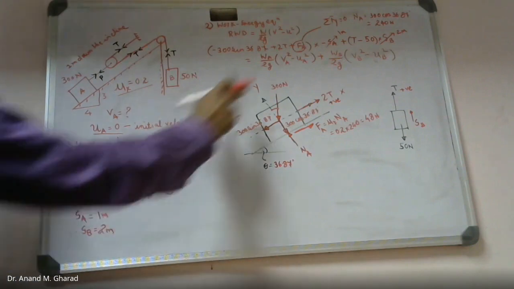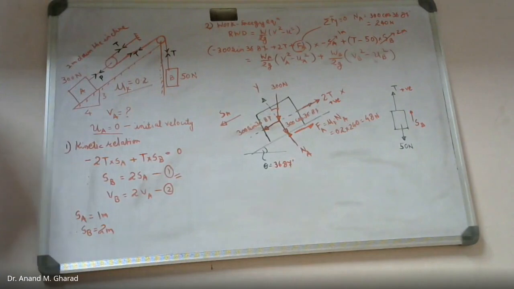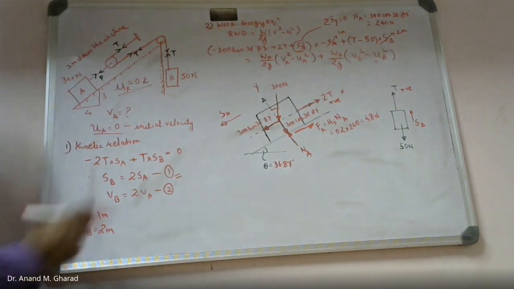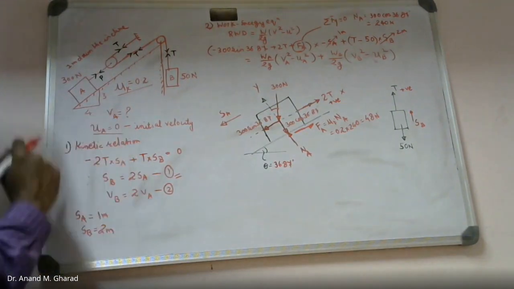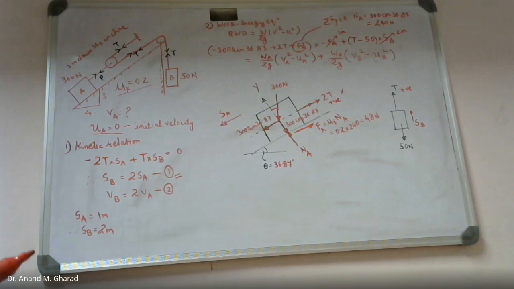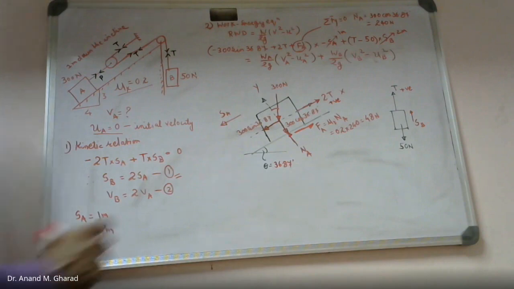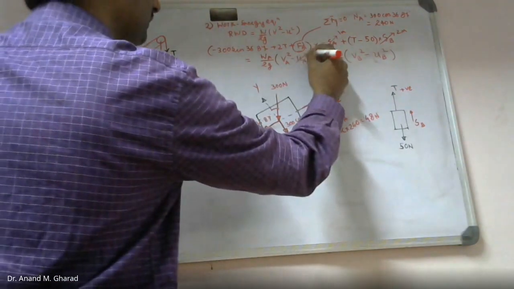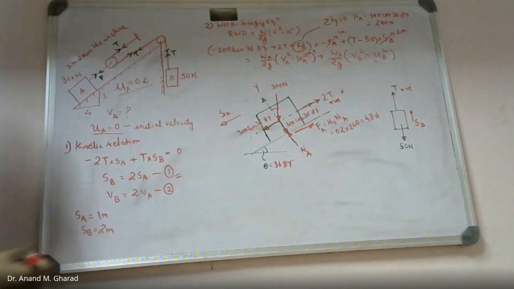That information is related to the initial velocity. Correct? Initial velocity of block A. See what it is given. What it says. Determine the speed of block A after it moves 1 meter down the plane starting from the rest. इसका ही मतलब है initial velocity is 0.